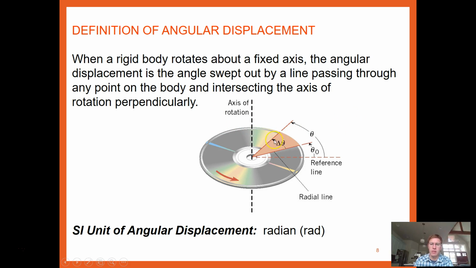So this angular displacement of delta theta is about the axis running through the center of the CD in this image. Okay, so the direction is actually positive, since it's counterclockwise, about this axis. So the way we define direction gets a little trickier. It's either positive or negative about a given axis.